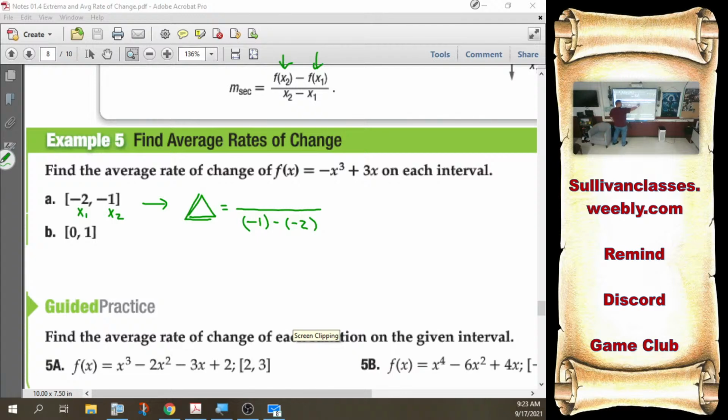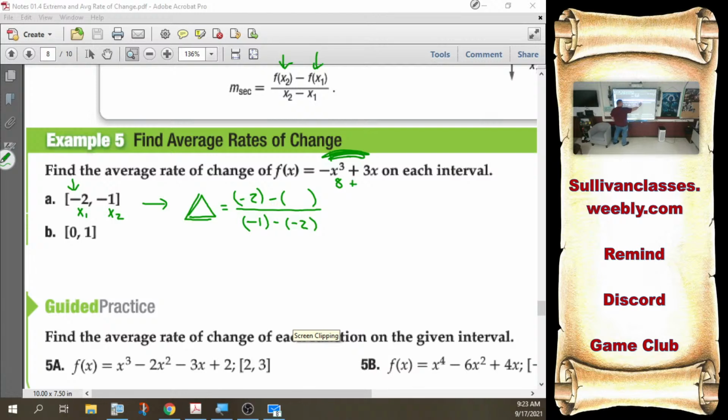Stick in -1. -1 cubed is -1 times the -1 is also 1. Stick in -1. That's now -3. Yay. Go stick in a -2. Negative 2 cubed is negative 8 times a negative 1 is positive 8.